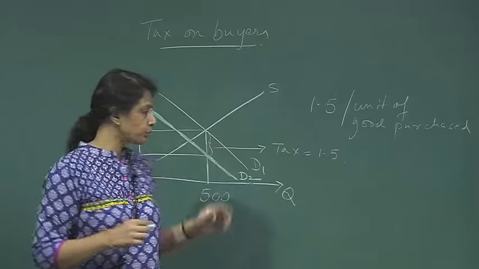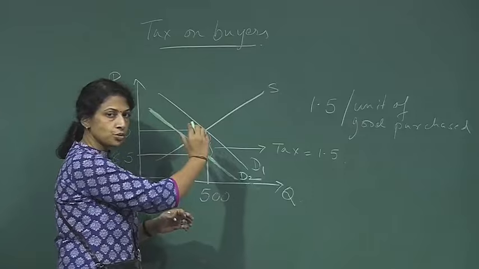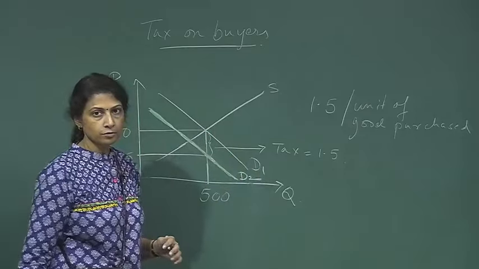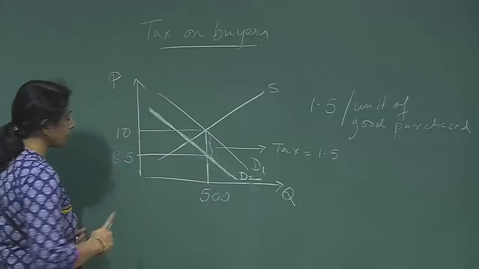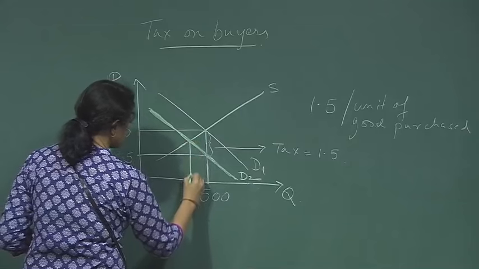So, at every point on this demand curve, 1.5 of taxes has to be added to go back to the original demand curve.